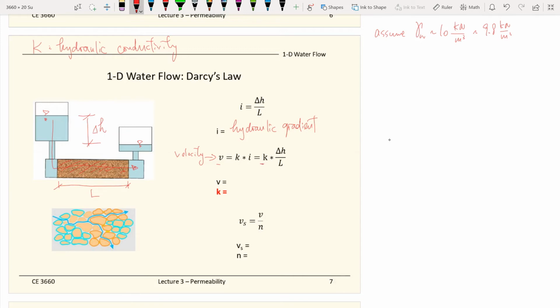K here again is the hydraulic conductivity. V is the water discharge velocity, and K is the hydraulic conductivity. This tells you how easily the water flows through the soil.